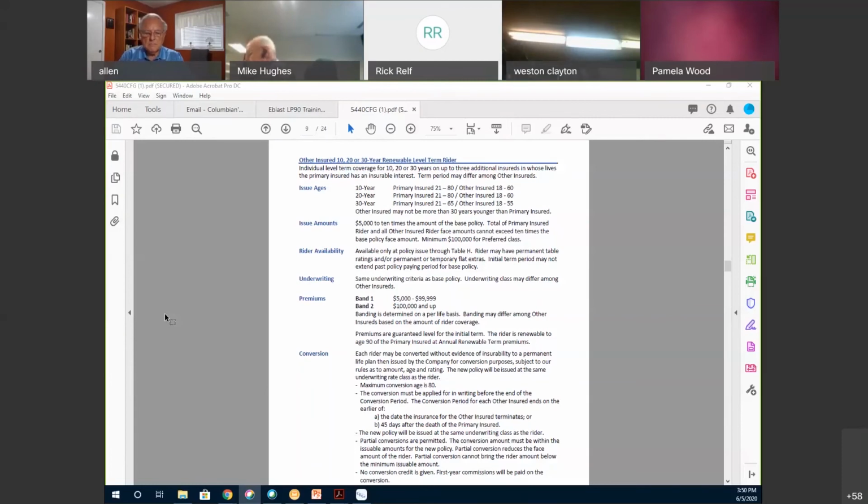The conversion must be applied for in writing before the end of the conversion period. So, it goes through to age 80. And it says 45 days after the death of the primary insured. Right. Yes, 45 days. Thank you. Okay, so that was a great question. We had to actually go to the guide here.